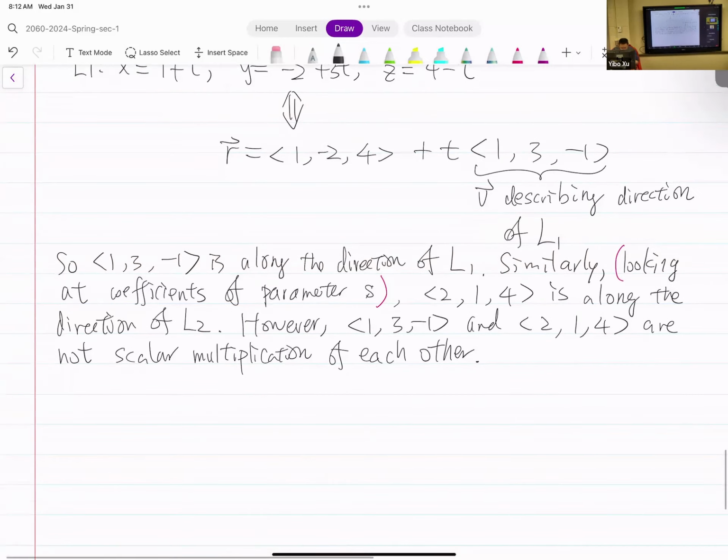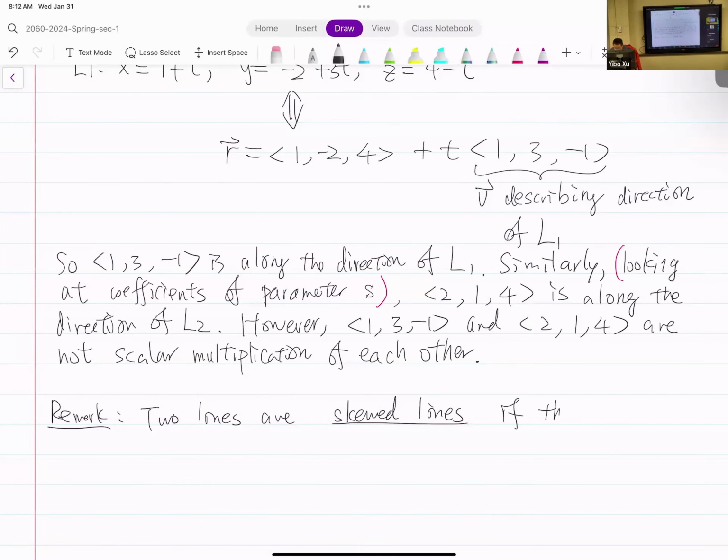So, remark: when that happens, the two lines are called skew lines. If they do not intersect and are not parallel to each other.